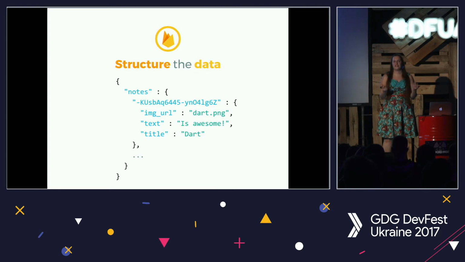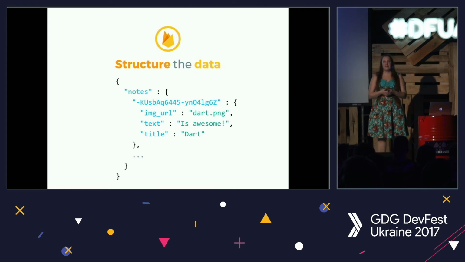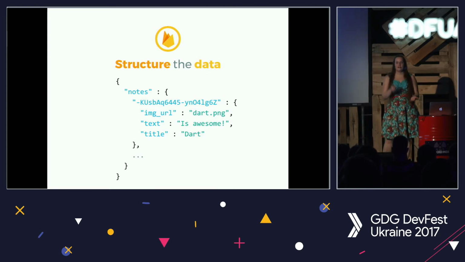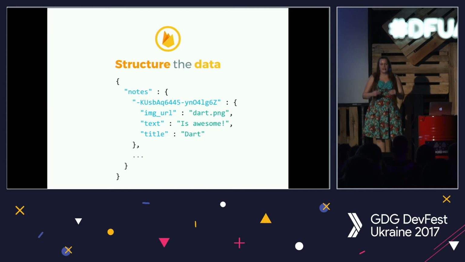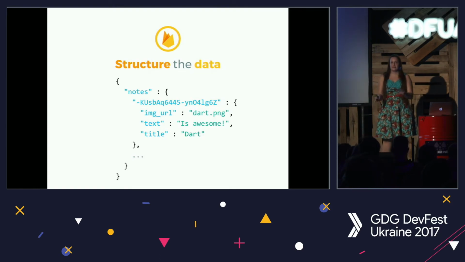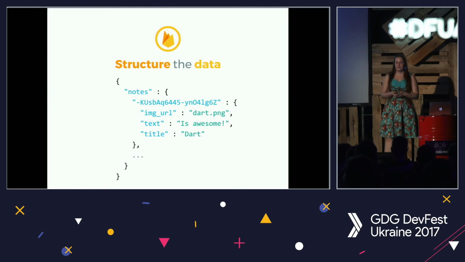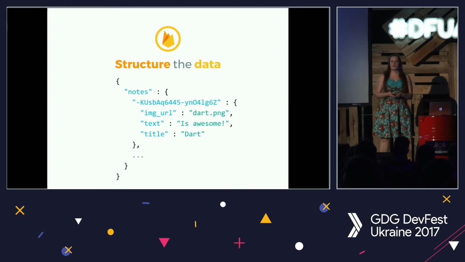It's automatically generated by Firebase, and then the node will have the image URL, text, title, and can have some more information, but this is for our app. And below there can be more and more nodes. So as you can see, it's something like JSON, and this JSON is stored in the Firebase Realtime Database, and those nodes will be loaded in the app.